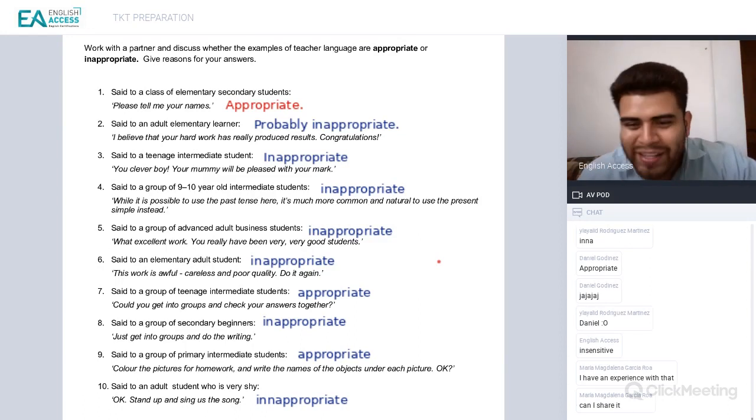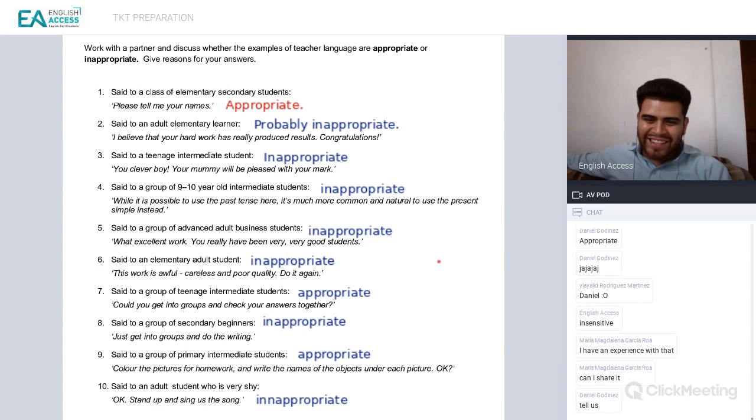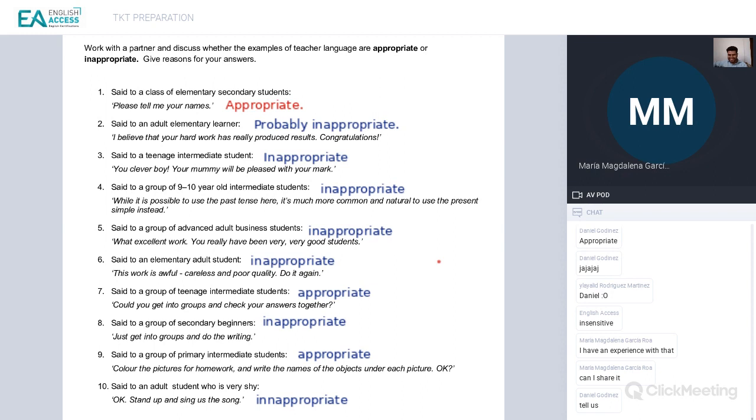Do you have an experience with that, Magdalena? You did that to your students? Yes, share it. Once I had a group and a boy that was really bad at English in all the skills. When we have the reading part, I let them read a line and then another and another. That boy read, but obviously it was very, very bad.